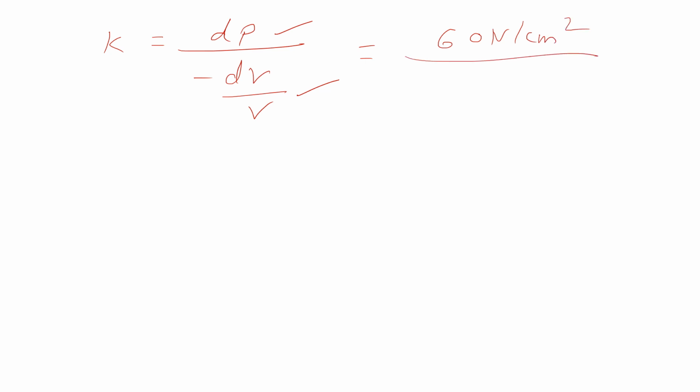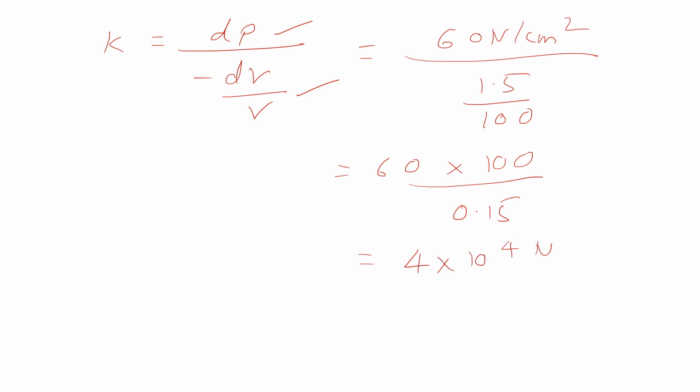So the general formula of bulk modulus is, so this is our change in pressure and this is our volumetric strain. Now we will put the value, which is 60 Newton per centimeter square. This is the change in pressure, that is the increase in pressure, and this is our volumetric strain. So we will get the value of bulk modulus. So this is the value of bulk modulus.